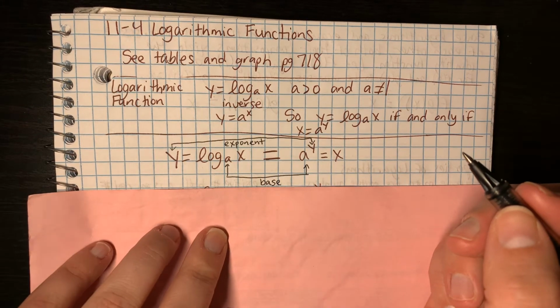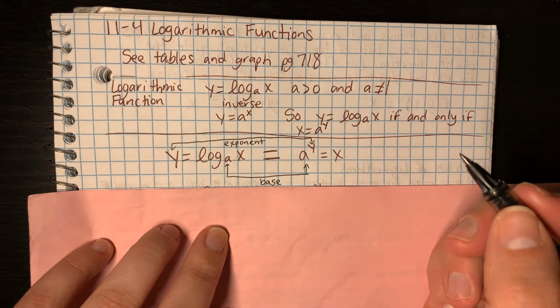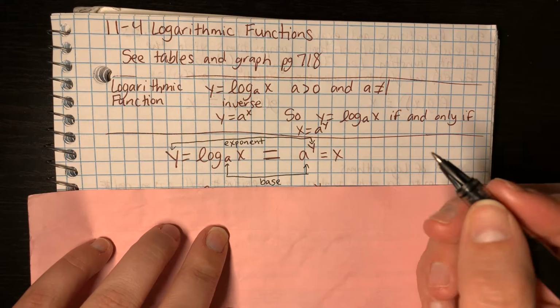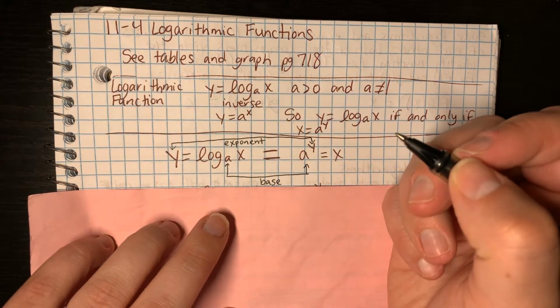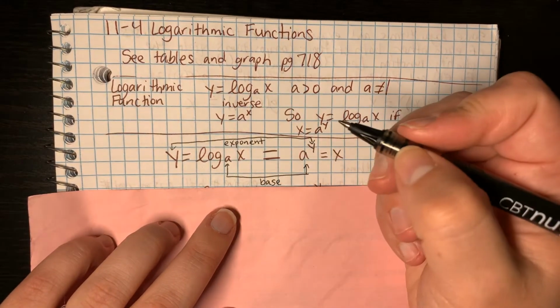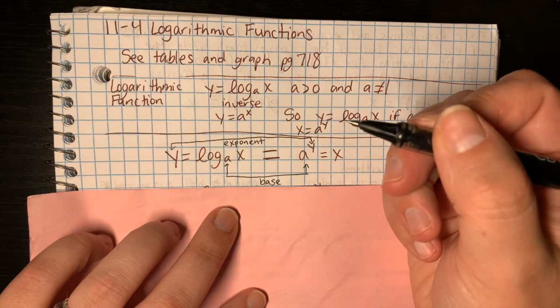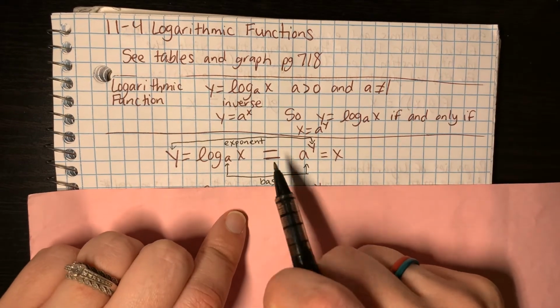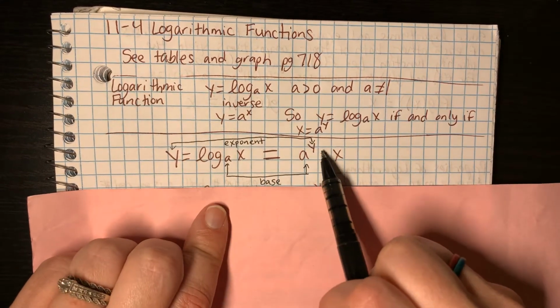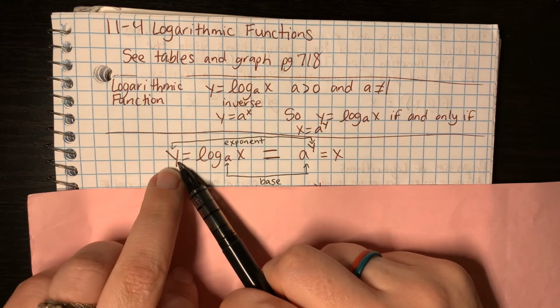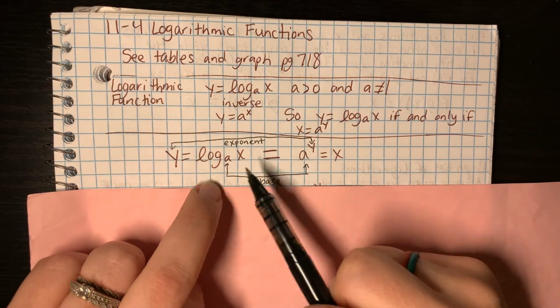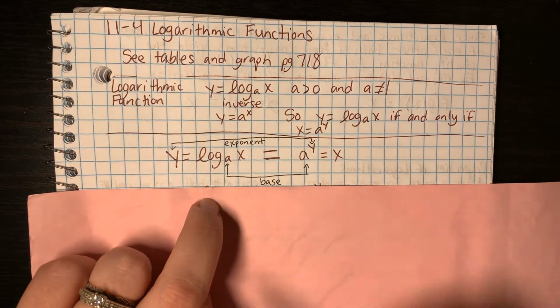And this piece, you'll see that actually is all that matters. That's the only piece that matters. So this y is our exponent. It pops down in front, and then this right here is the base of our exponent.